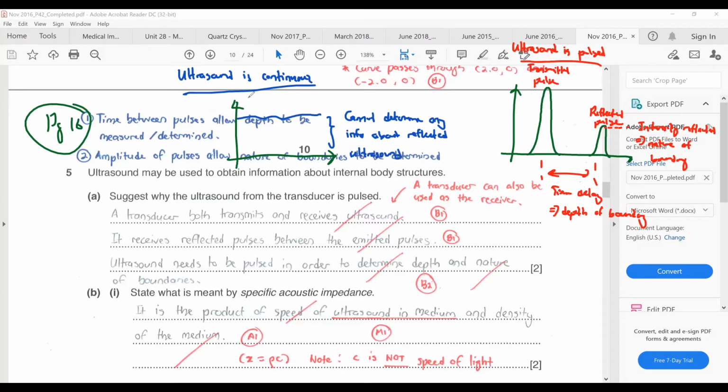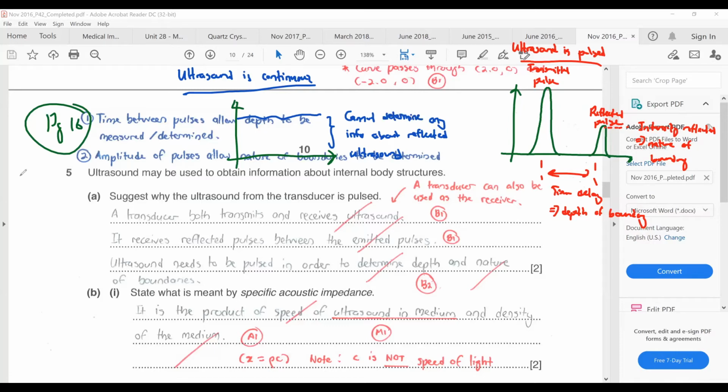If your ultrasound is continuous like this, your reflected pulse will actually be buried by your transmitted ultrasound. It will be embedded inside, so you cannot see what the time delay was, and you won't be able to see the intensity of the reflected ultrasound. So you cannot determine anything useful out of it.